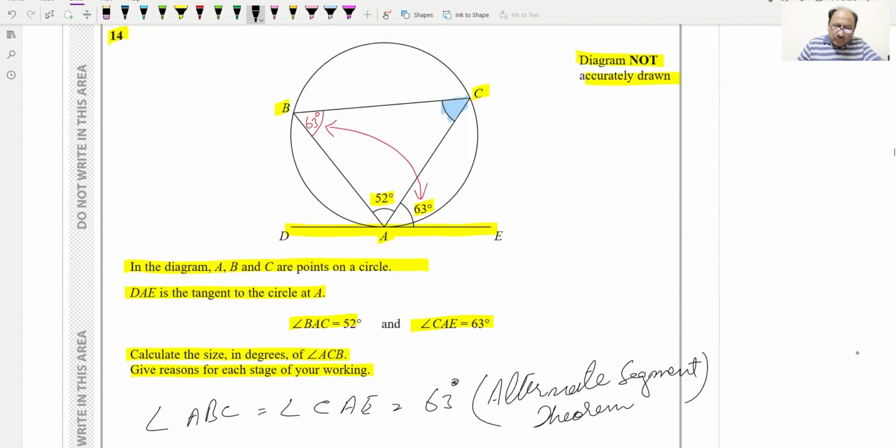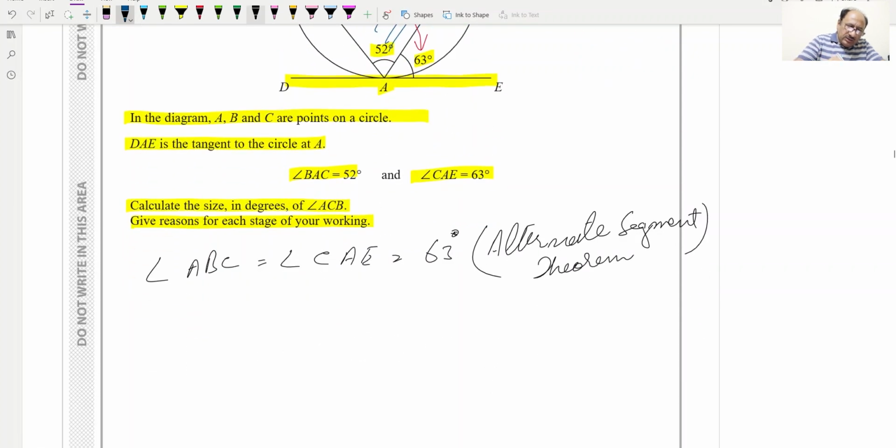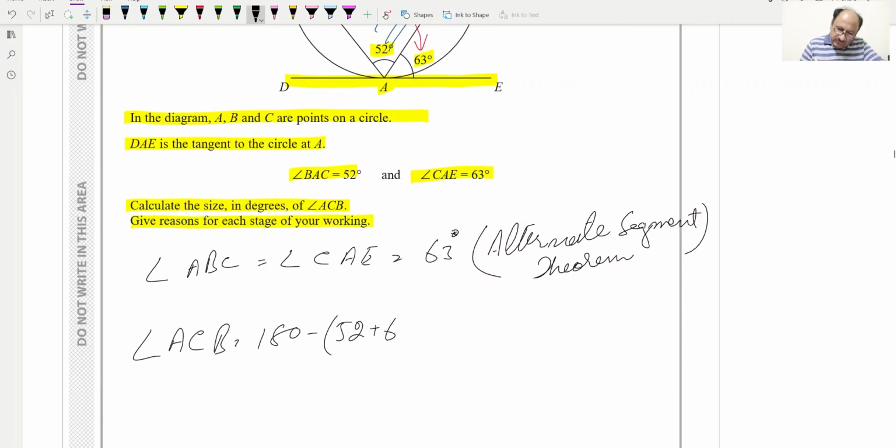And now two angles of the triangle. Which triangle? This triangle, this one. Two angles are given, we can find the third angle. So BCA, angle ACB, basically. So angle ACB will be equal to 180 minus 52 plus 63 degrees, and this will be equal to how much?